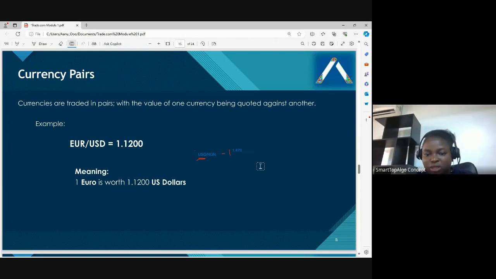What this means is if I want to buy $1, I'm going to need 1,470 naira. That is the same thing with this explanation. So anytime you see something like this, it means one of the first currency is what the price of the second currency is. I hope I'm making sense.